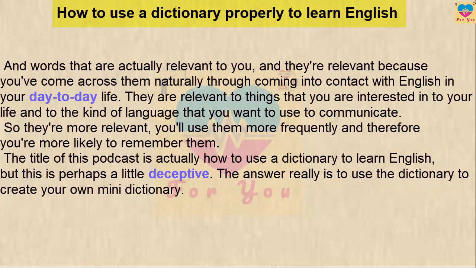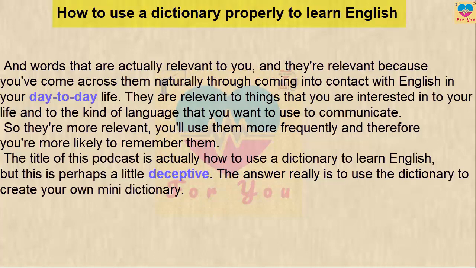And words that are actually relevant to you. And they're relevant because you have come across them naturally through coming into contact with English in your day-to-day life. They are relevant to things that you are interested in, to your life, and to the kind of language that you want to use to communicate. So they're more relevant, you'll use them more frequently, and therefore you're more likely to remember them.